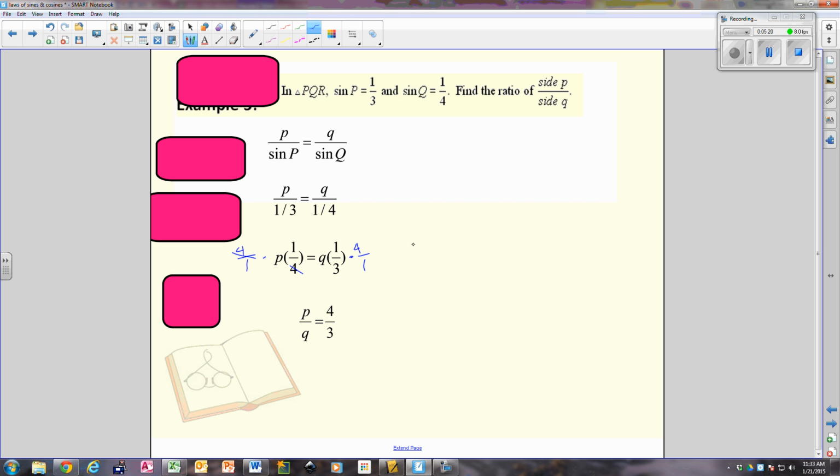If we go from here, you're left with P equals Q over 4/3. So you've got P equals Q times 4/3. If you divide by Q here and then divide by Q here, you're left with P over Q equals 4/3. So that would be the ratio of the sides. Not the length of the sides, just the ratio of their sides.